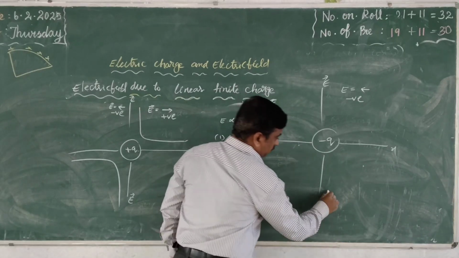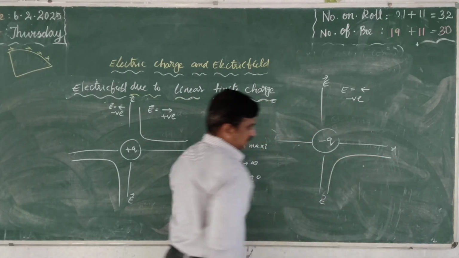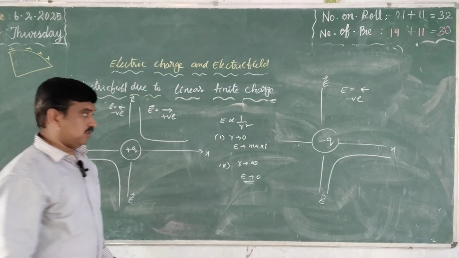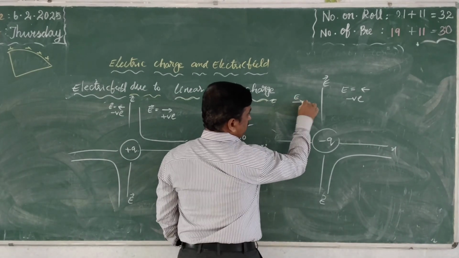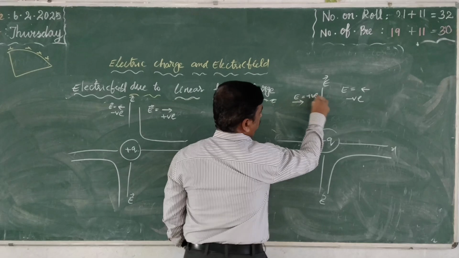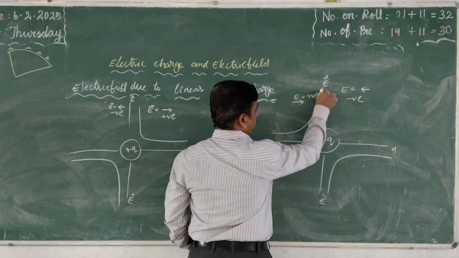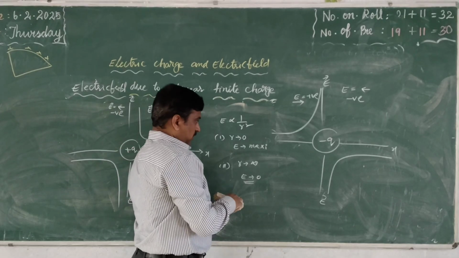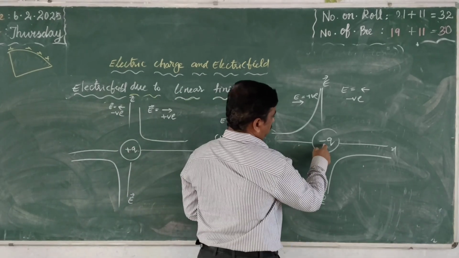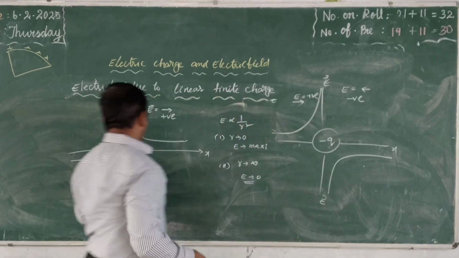This is the electric field versus X graph for minus Q. On the left side the electric field is in this direction, meaning positive. So this is the graph for the left side. Minus Q is this one, plus Q is this one.